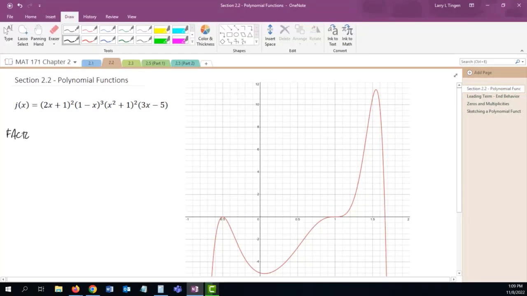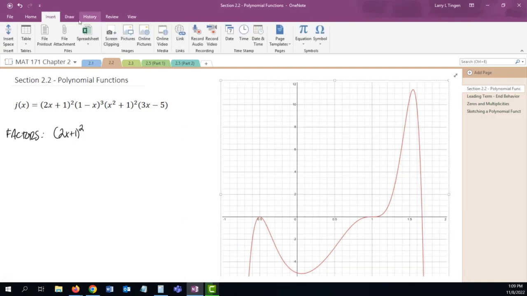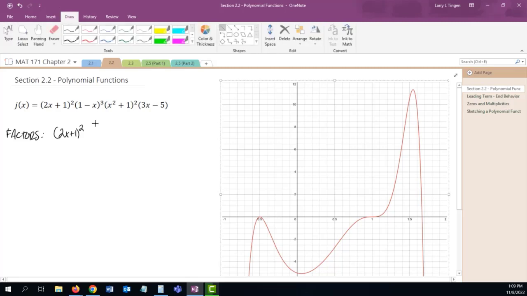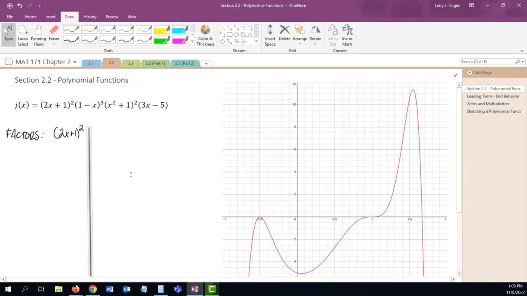So let's list the factors, and let's see if we can do a little manipulation here. So what are my factors? The factors are 2x plus 1 squared. I'll tell you what, let's just go ahead and scoot that over. All right. Next, 1 minus x cubed.